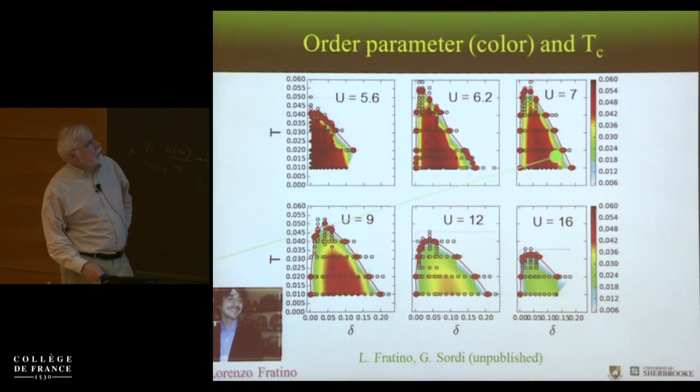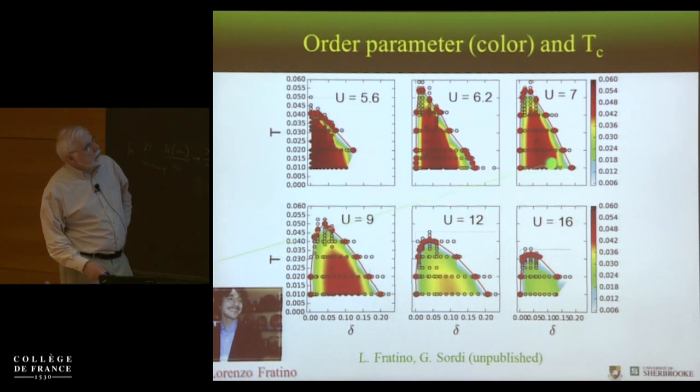So for all these U's, you can see the superconducting transition temperature is along this curve, the red points, and the color plot is the magnitude of the order parameter.